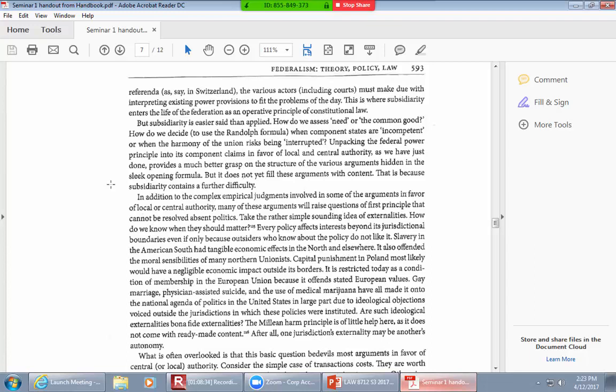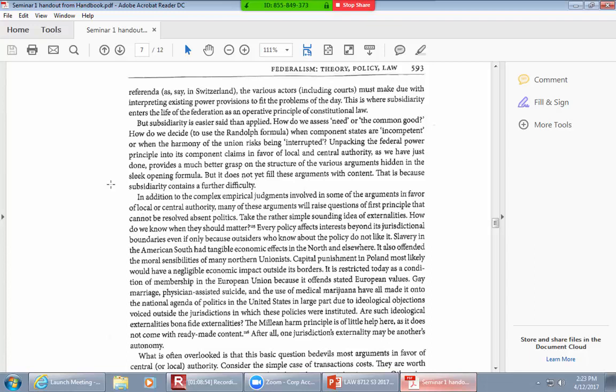"Subsidiarity is easier said than applied." Okay? So he's talking about difficulties in the concept itself. That's why probably it's a principle, not a doctrine. But the idea is that as a theory, it still has difficulties. Okay?